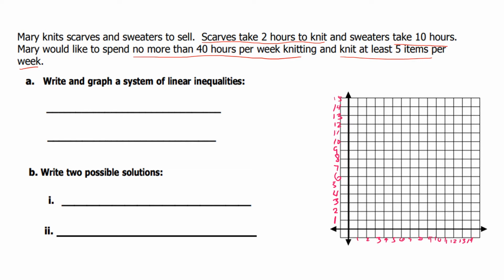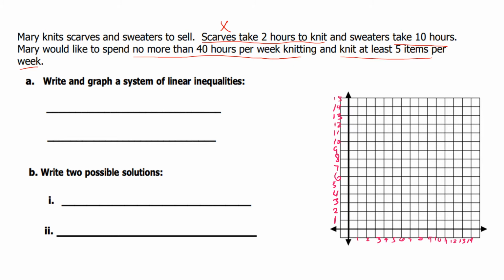So first we need to define our variable. And if you're not familiar with that, please see my video solving systems of equations applications. Very similar, we're just going to use inequality symbols instead of equal signs. So I'm going to let my scarves be x because I have 2 different items, so I'm writing my equations in standard form.